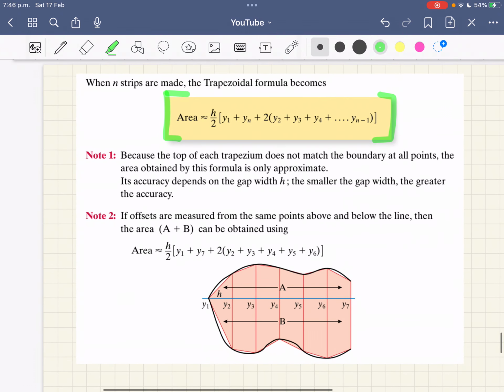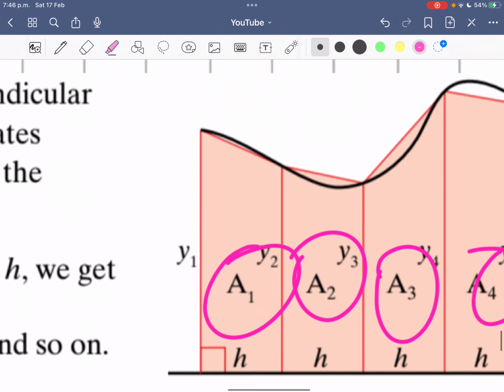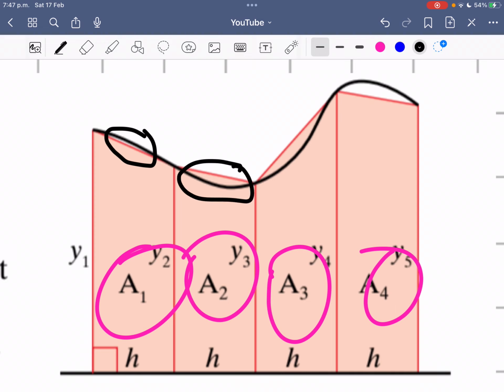Then we have a note. Because the top of each trapezium does not match the boundary at all points, the area obtained by this formula is only approximate. That's important. If we zoom in here, we see that there's a little section there that's not added. But then there's an extra bit here that's added above the line.